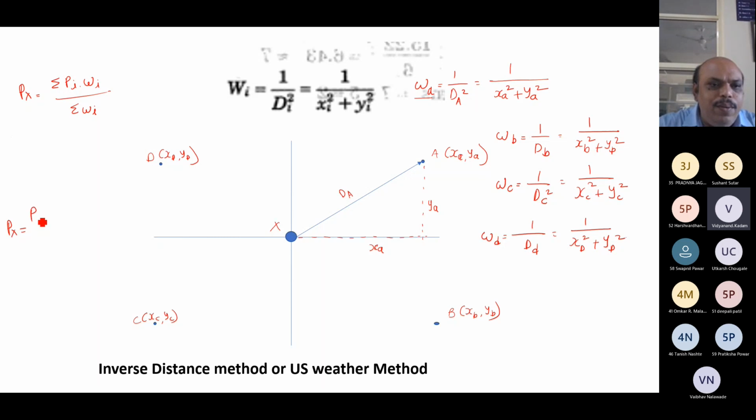Px is equal to Pa into Wa plus Pb into Wb plus Pc into Wc plus Pd into Wd, upon summation of W, that is addition of Wa, Wb, Wc and Wd. So immediately note down this and we will solve one problem on this.